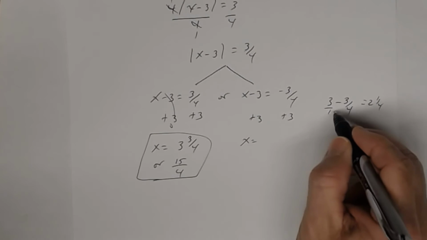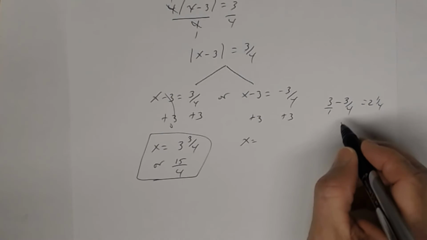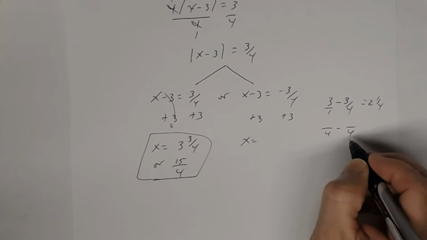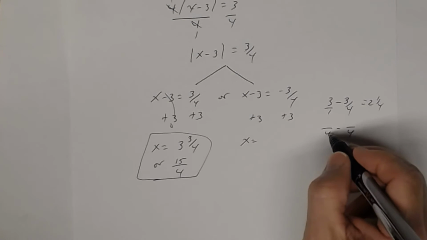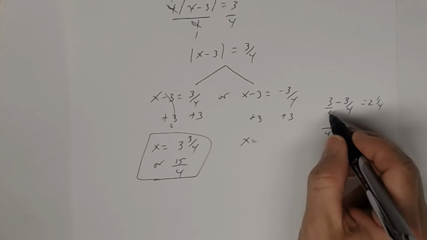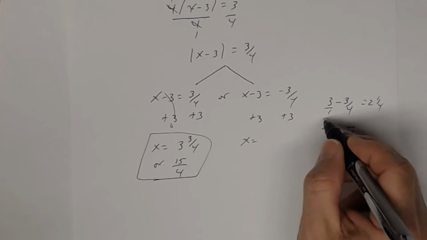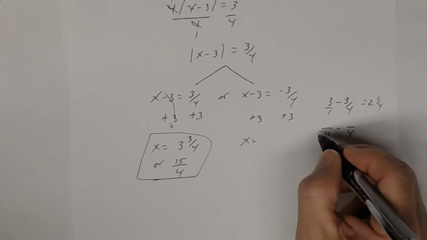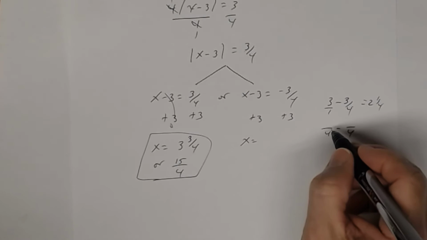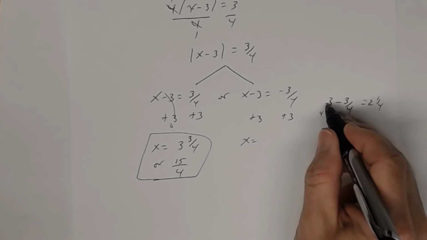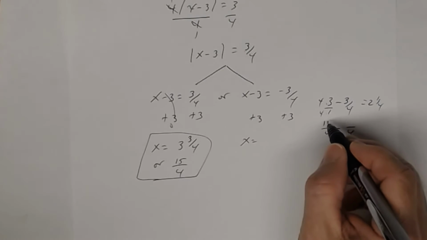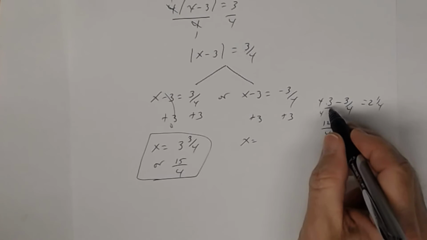Let's go ahead and find the LCD. So the LCD is 4. So you're going to write equivalent fractions with that denominator 4. So 3 over 1 is equivalent to what fraction with the denominator 4? Well, 1 times 4 is 4, 3 times 4 is 12. So that makes sense, right? Because 12 divided by 4 is 3.